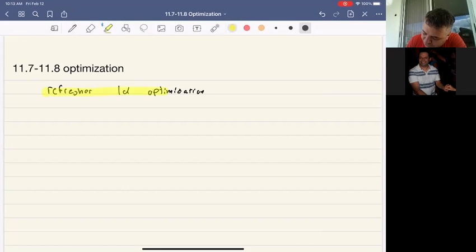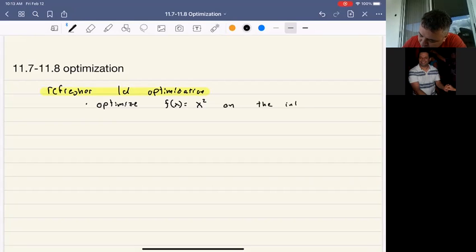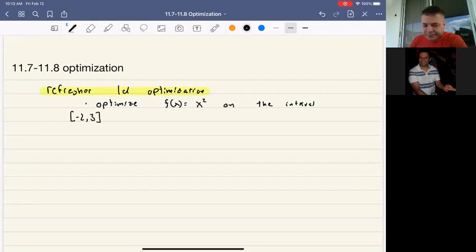Okay, so a typical or canonical problem of one-dimensional optimization is: optimize f of x equals x squared on the interval, let's say, -2, 3. Okay, so there were sort of things we had to do.